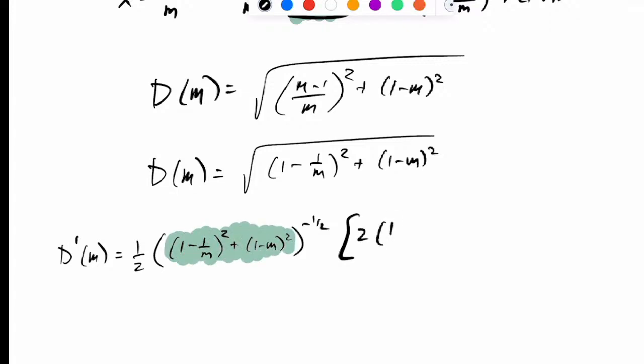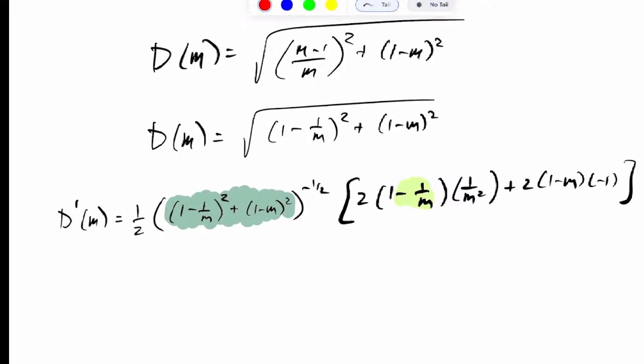So this would be 2... Right, so people aren't lost here, I took the derivative of this expression. I dropped down the 2, subtracted 1, and the derivative of the inside is going to be equal to this.